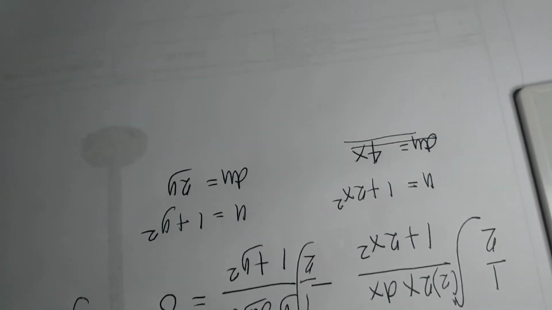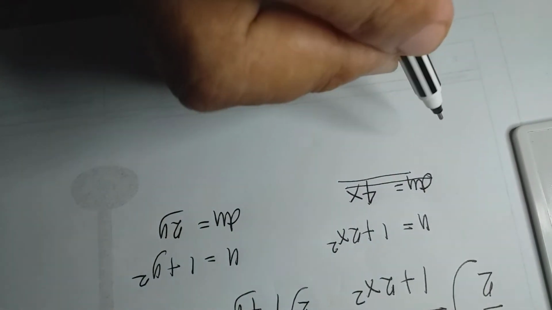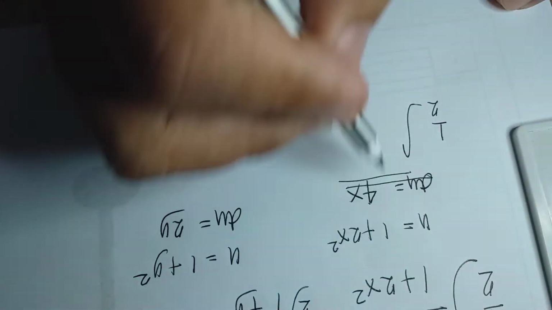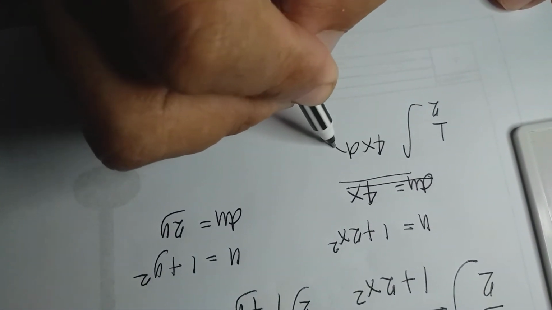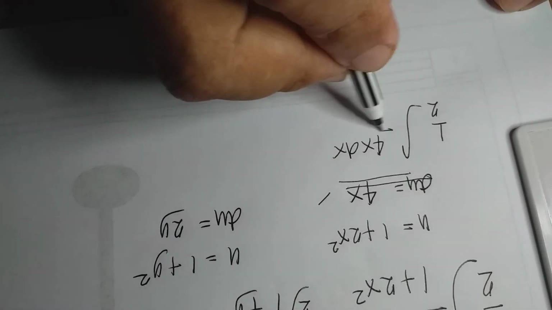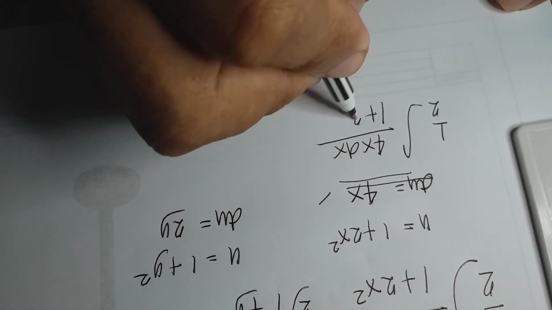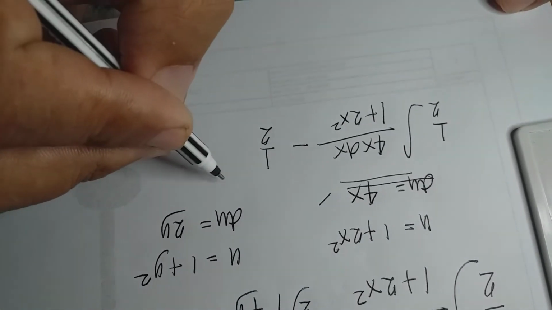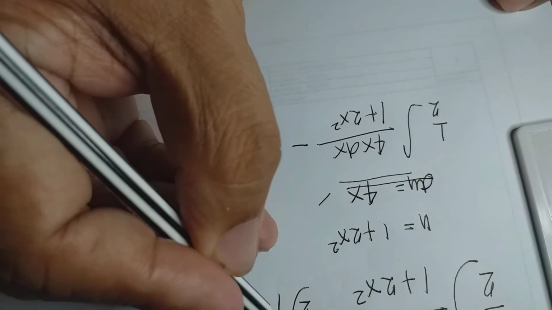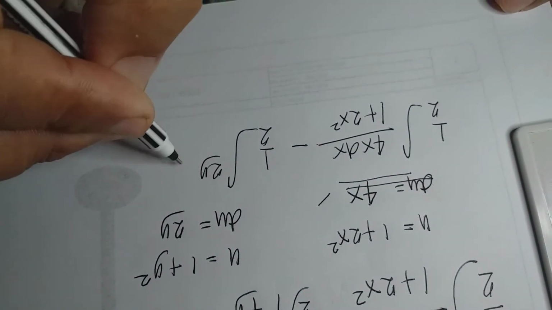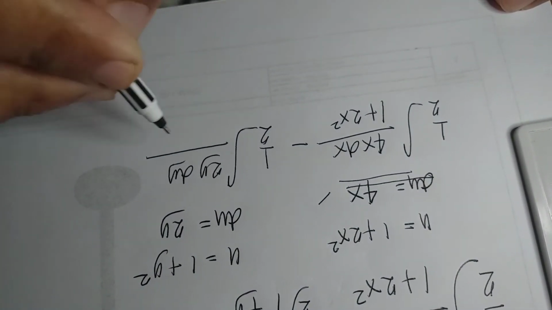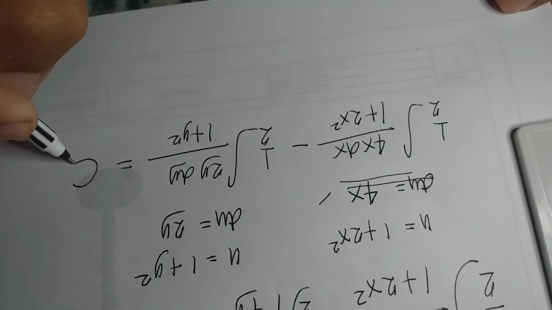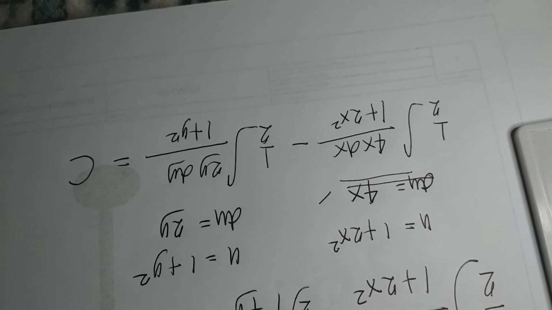So, rewriting this, we have 1/2 the integral of 4x dx, that will be your du, over u, 1 plus 2x squared, minus 1/2 the integral of 2y dy all over 1 plus y squared, and this will give us c when we integrate.